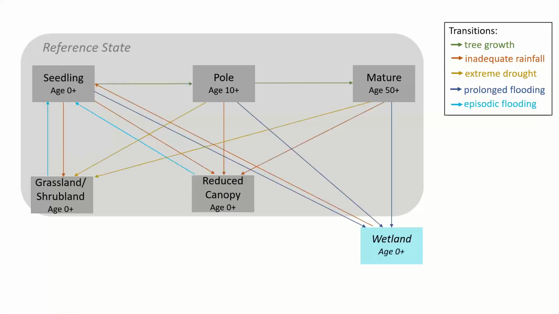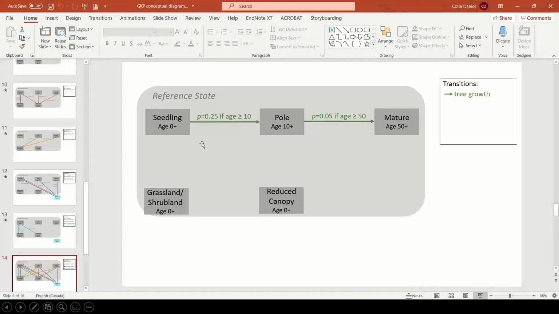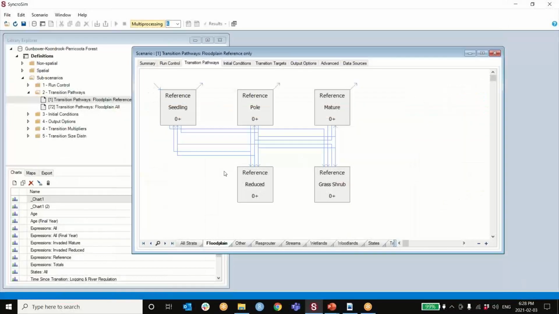So when we're done, we have a state-and-transition simulation model, also a conceptual model, that looks something like this for just the reference state only. And so we can then look at what I have here. It's exactly the same thing.